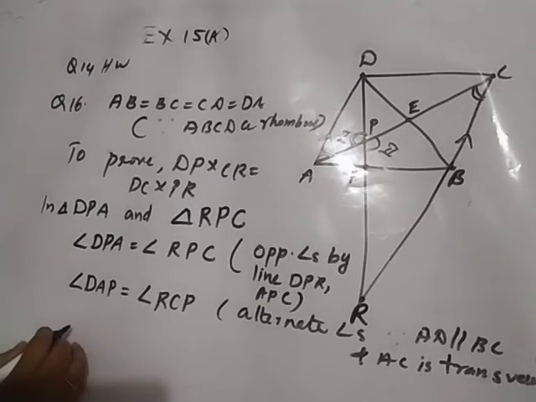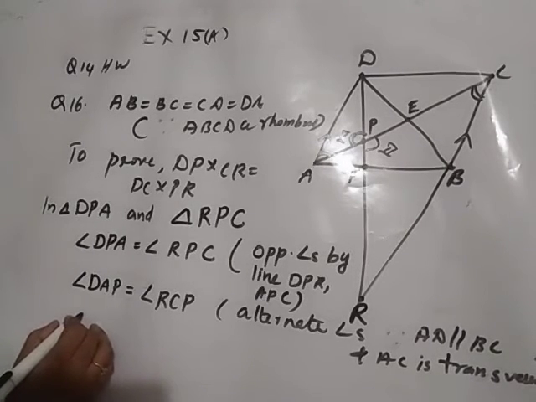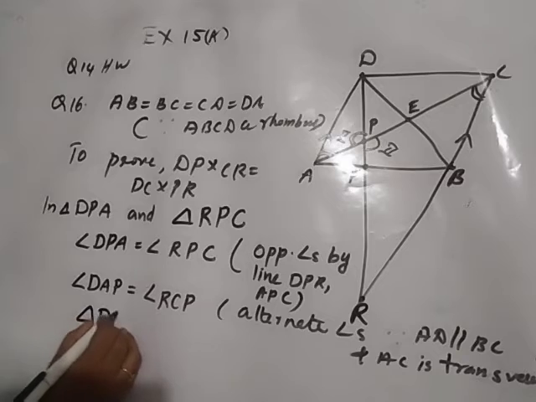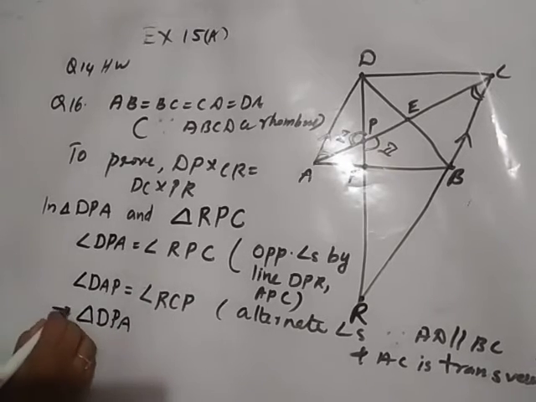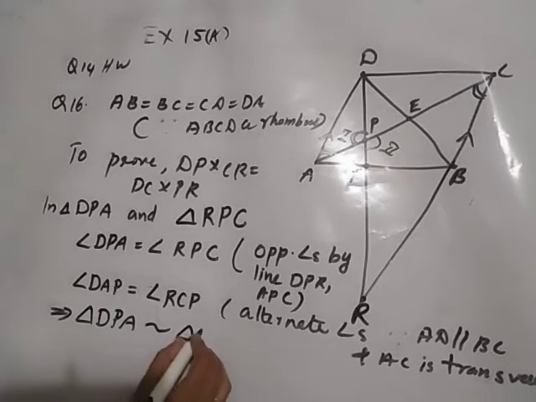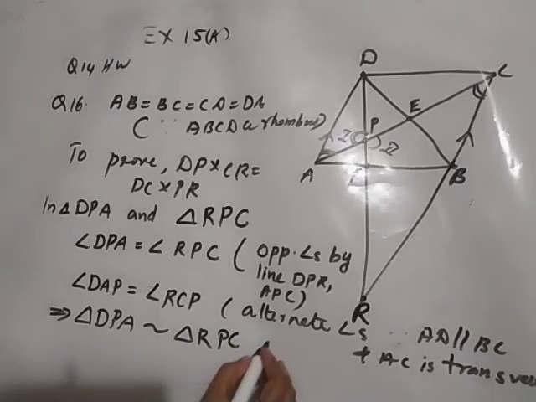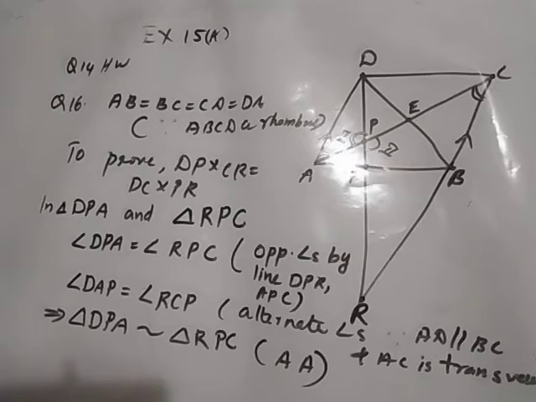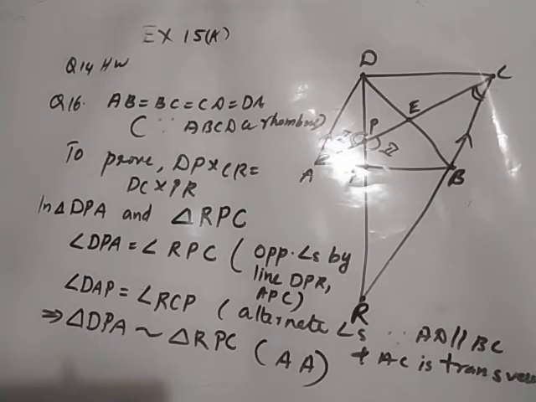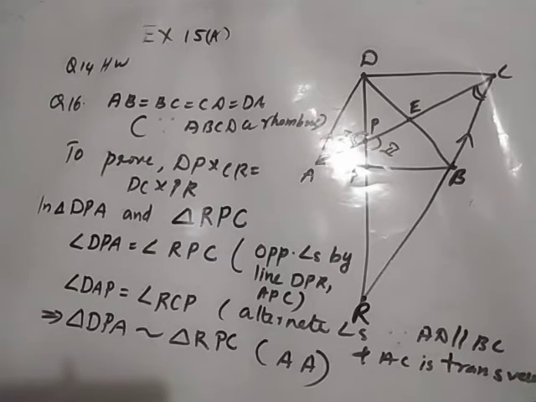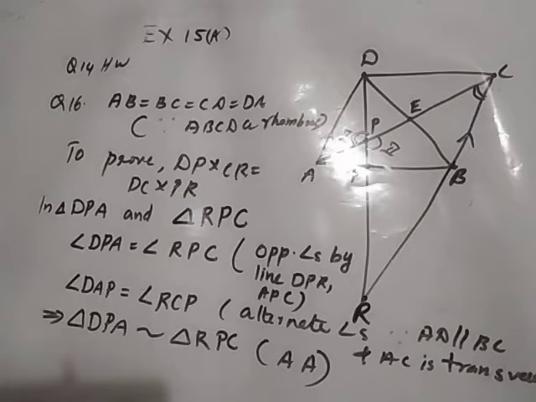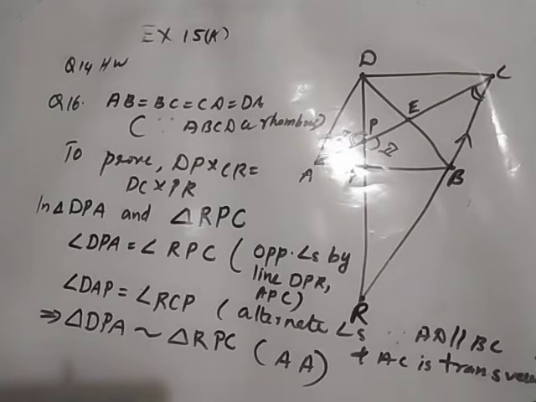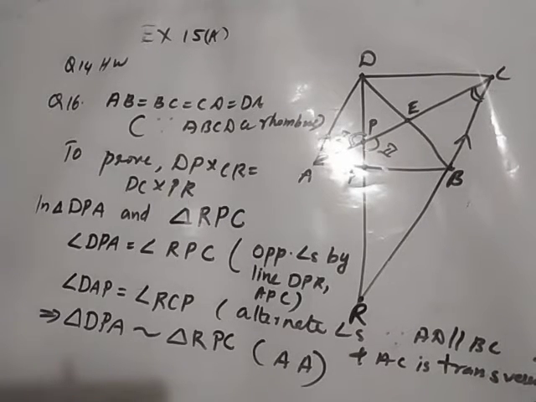Okay. Now these two triangles are similar. Triangle DPA is similar to triangle RPC by AA postulate. Two angles are equal, so the triangles are similar. The size is not the same, so we can say these two triangles are similar. So what about their sides? Their corresponding sides are proportional.